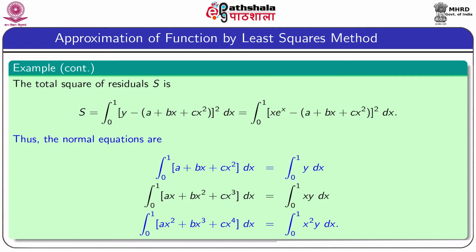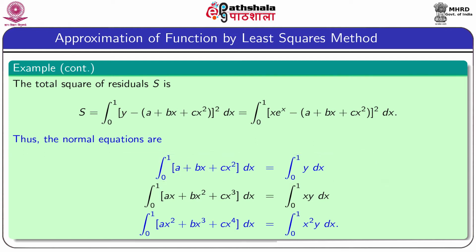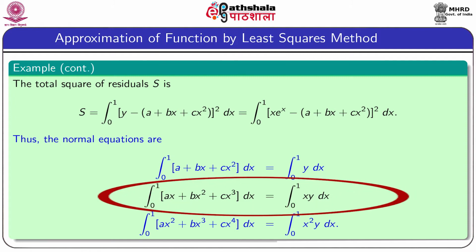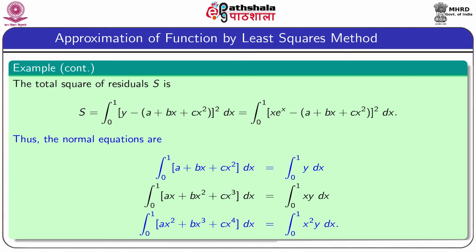That means the normal equations are: the integral from 0 to 1 of (a + bx + cx²) dx equal to the integral from 0 to 1 of y dx. This is the first normal equation. The second normal equation is the integral from 0 to 1 of (ax + bx² + cx³) dx equal to the integral from 0 to 1 of x y dx.